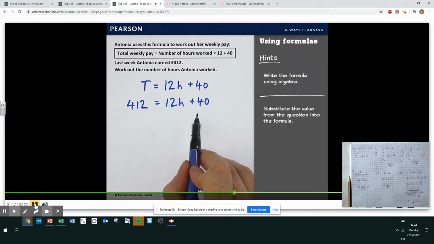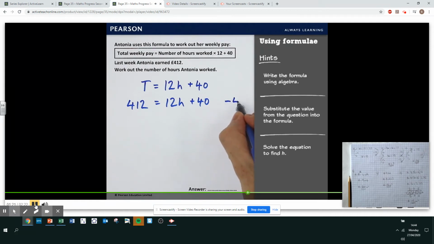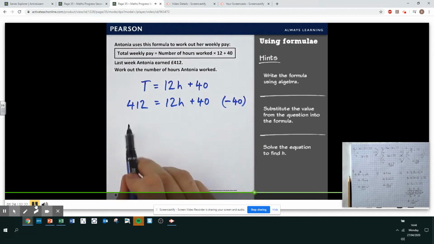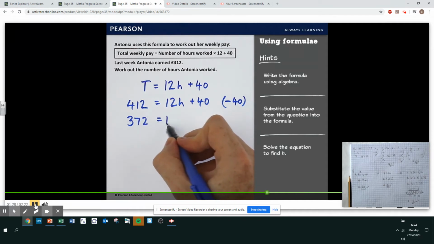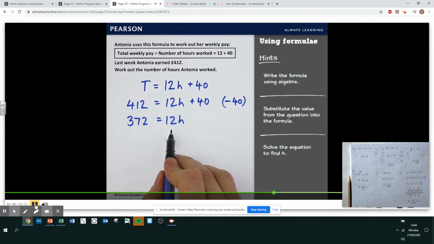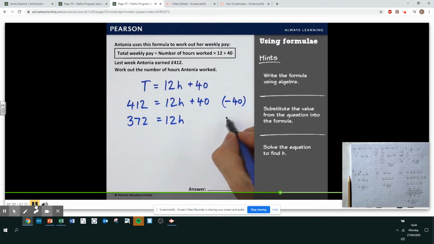This is an equation which you can solve to find H. Subtract 40 from both sides. 412 minus 40 is 372, and you're left with 12H on the right-hand side, and then divide both sides by 12.